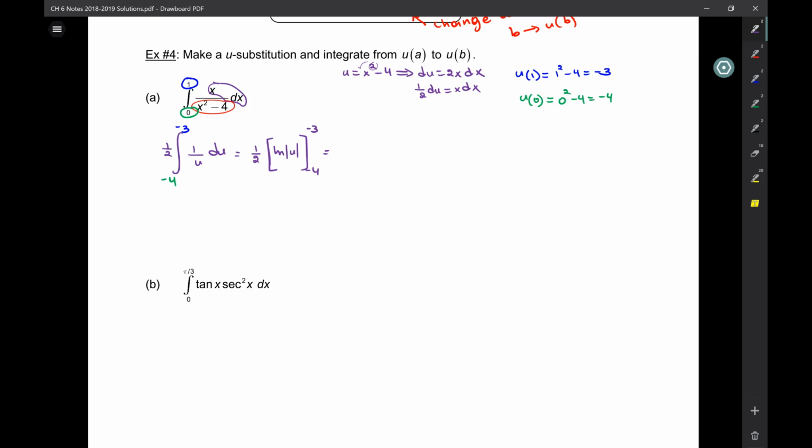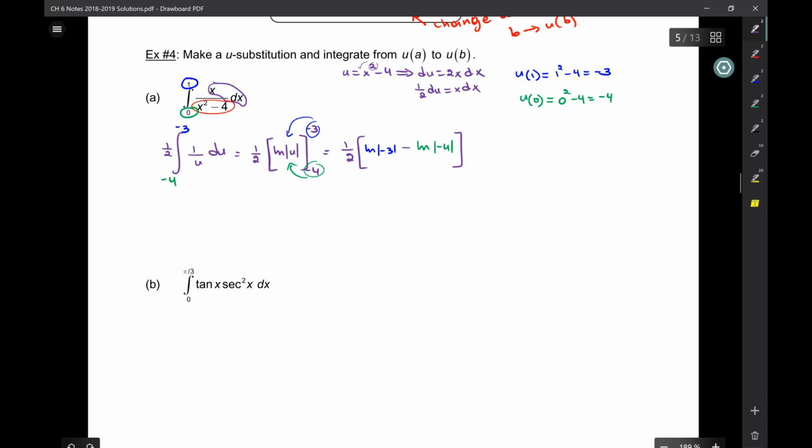Now when I have a definite integral, I don't have to bother with putting the u back in here. I could just substitute the values here. So now I'm going to do 1/2 times, put in the -3, and I have ln of -3 in absolute values, minus, put in the -4, ln of -4.